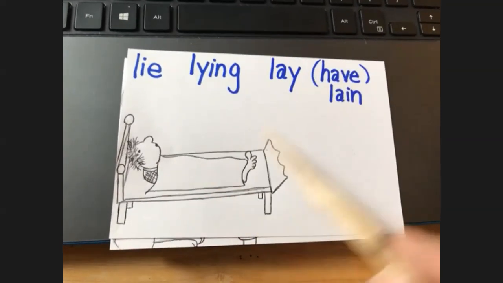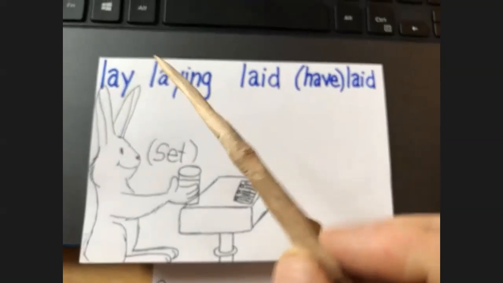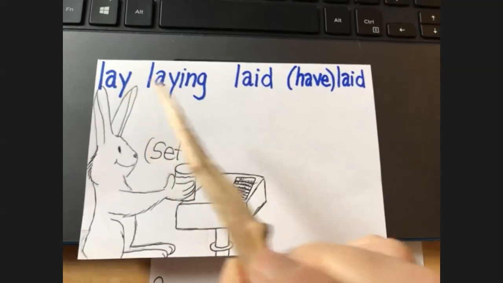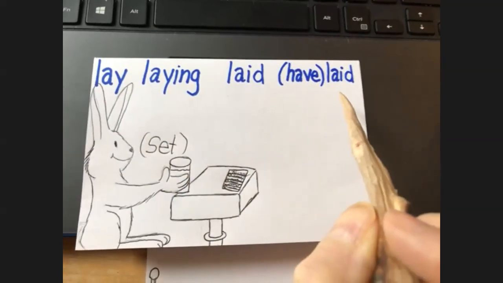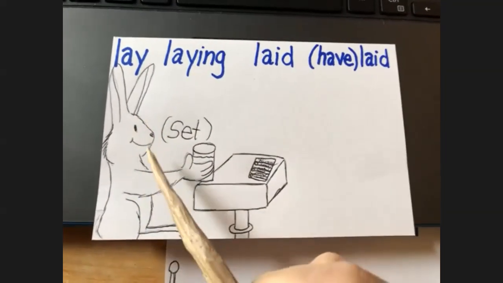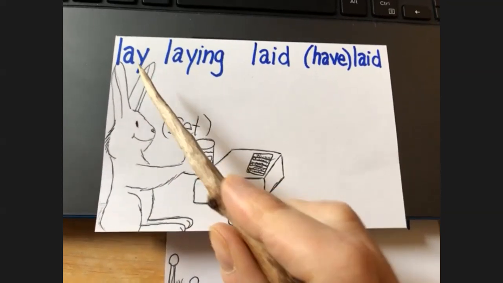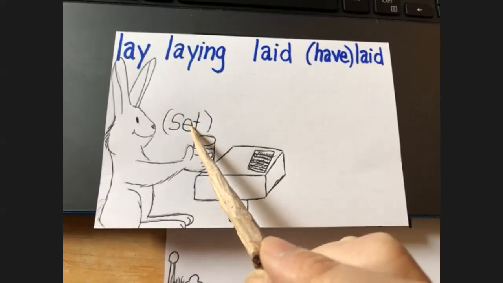Laying. On the other hand, he might have the word lay. Lay, laying, laid, have laid. Now let's look here. Here's our rabbit friend. And our rabbit friend, the word lay essentially means set.